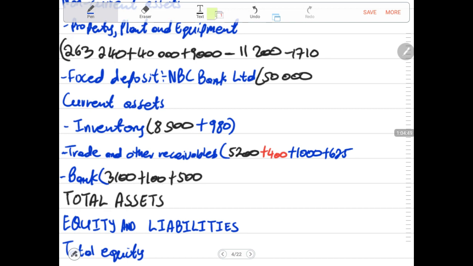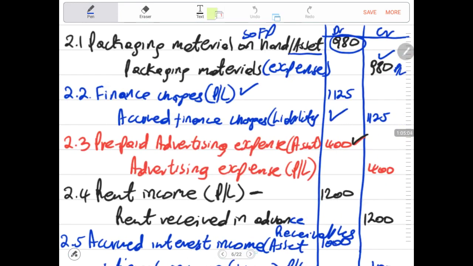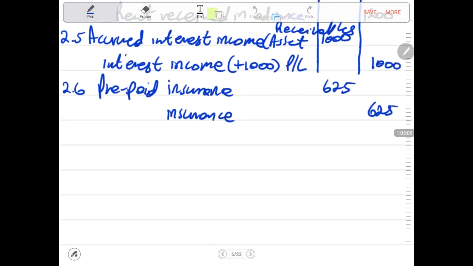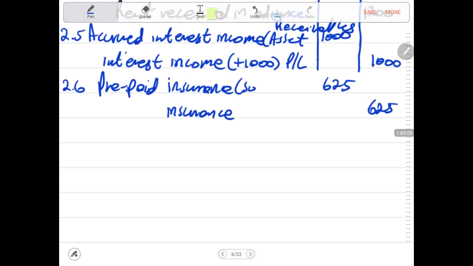So now we proceed again in that same note. Now 625 is trade and other receivables. Then we go now on the next adjustment. Remember, this is in the statement of financial position and under trade and other receivables.